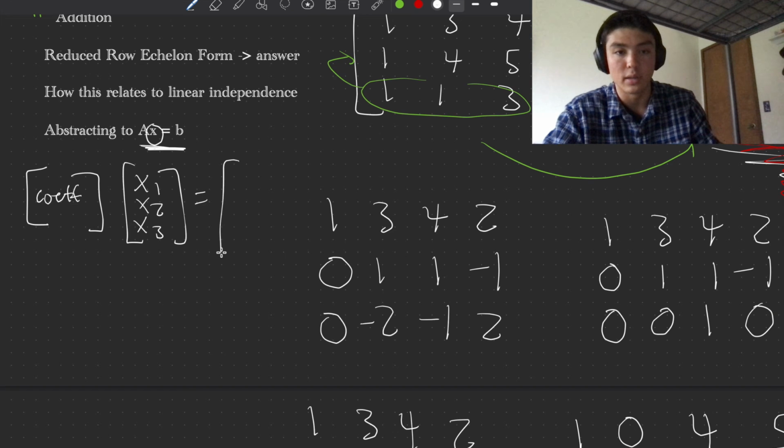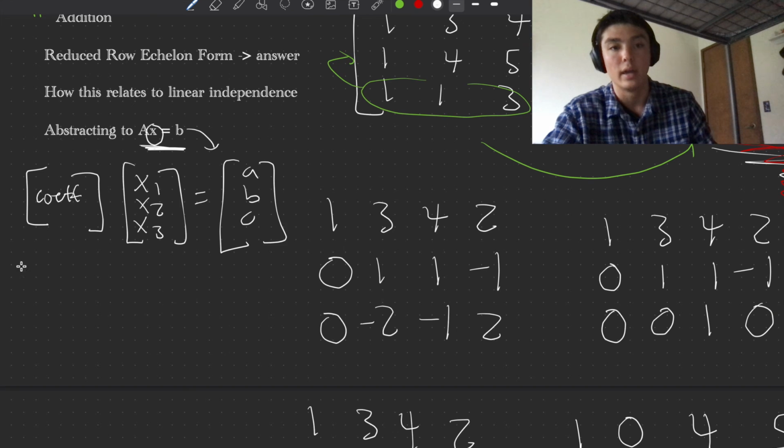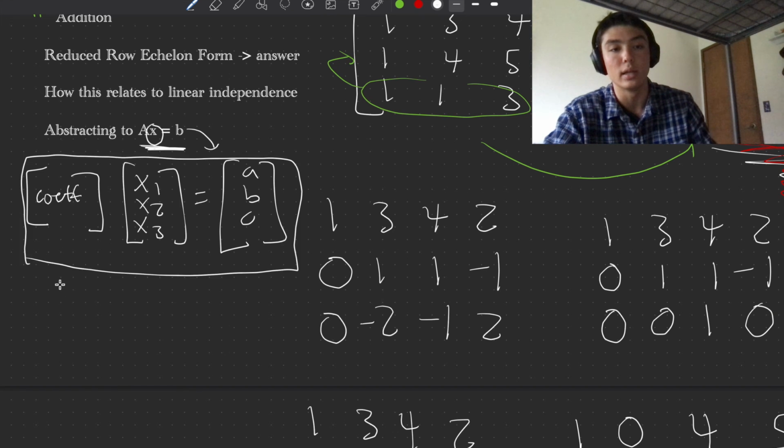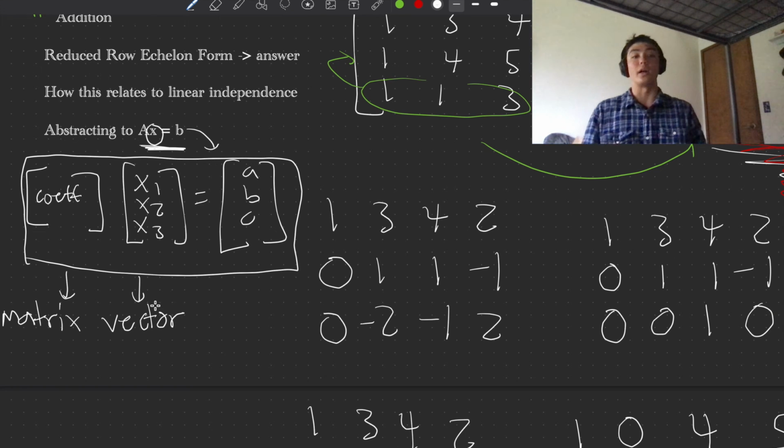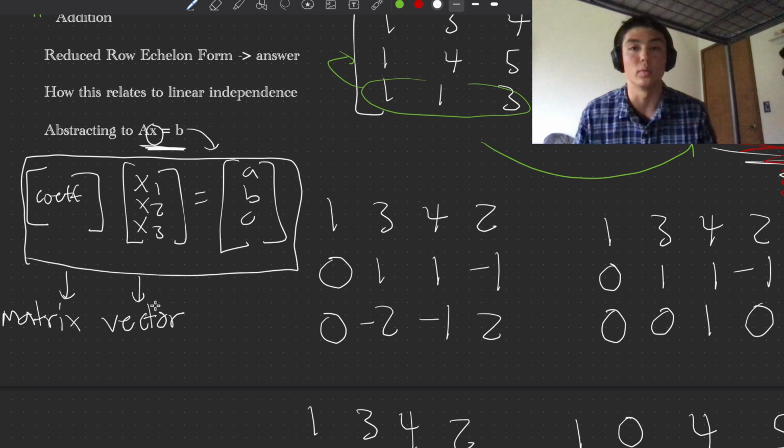And then that gives you some vector B that has numbers in it, like A, B, C. We'll come back to this because in order to fully understand this, we need to understand what it means to multiply a matrix by a vector. And that is a very big topic all in itself. It has to do with a lot of geometry. So that'll be really interesting, and we'll talk about that next week.